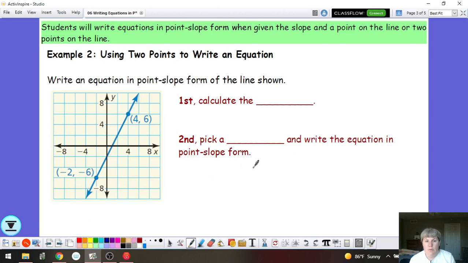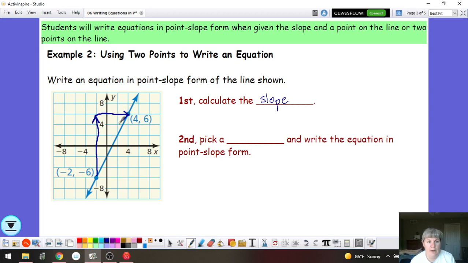And we can do this from a graph as well. So we always need our slope. So the first thing we're going to do is calculate our slope. And from a graph, we can do that by counting the rise over the run. And as you've noticed, I like to go from my left point to my right point. So I'm going to see how far up I'm moving and how far over I'm moving.